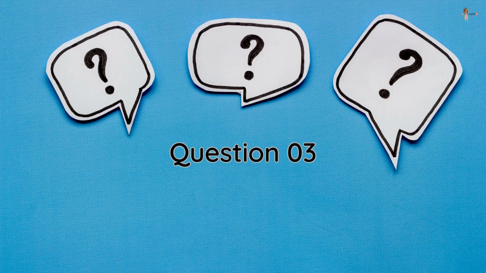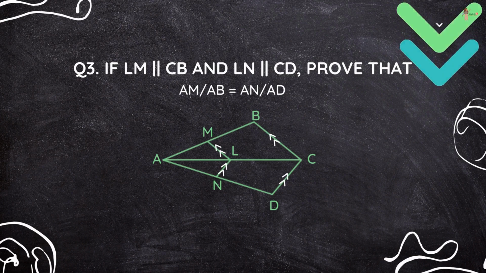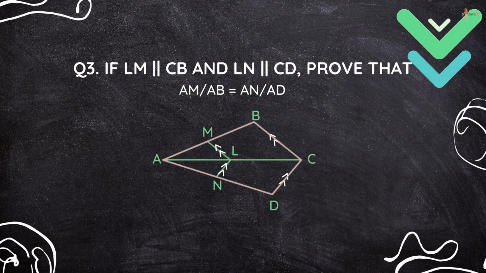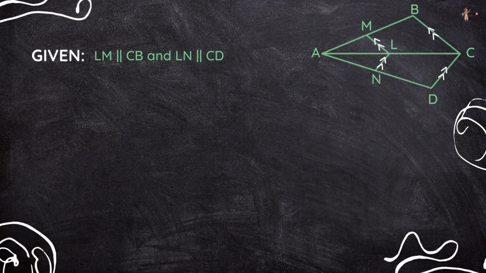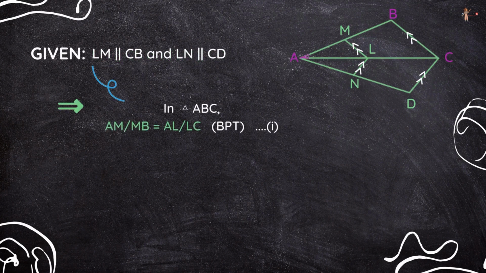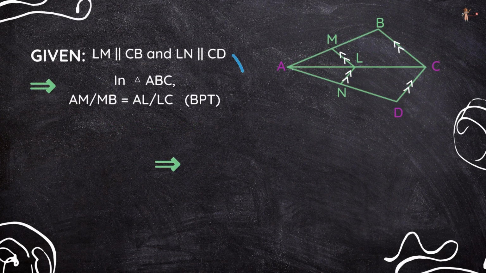Let's see question 3 now. If LM is parallel to CB and LN is parallel to CD, prove that AM upon AB is equal to AN upon AD. In triangle ABC, AM upon MB is equal to AL upon LC since LM is parallel to CB by BPT theorem.